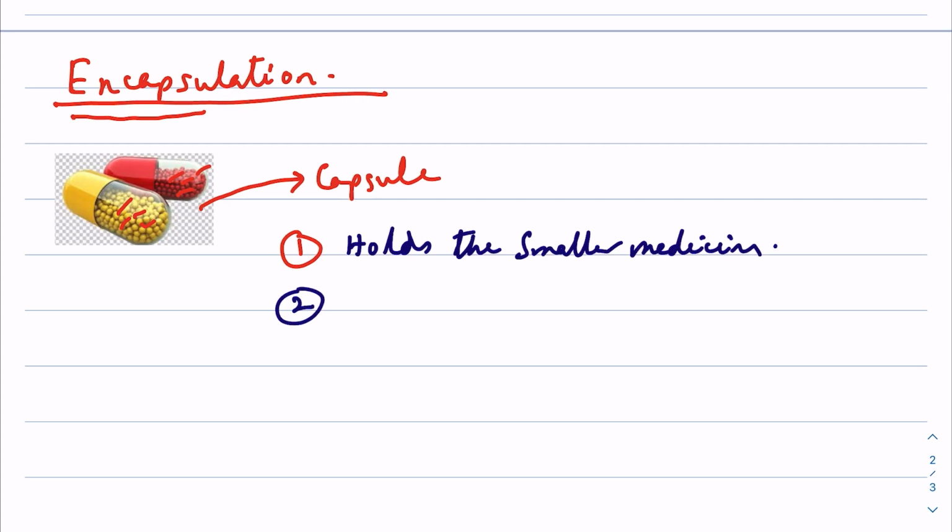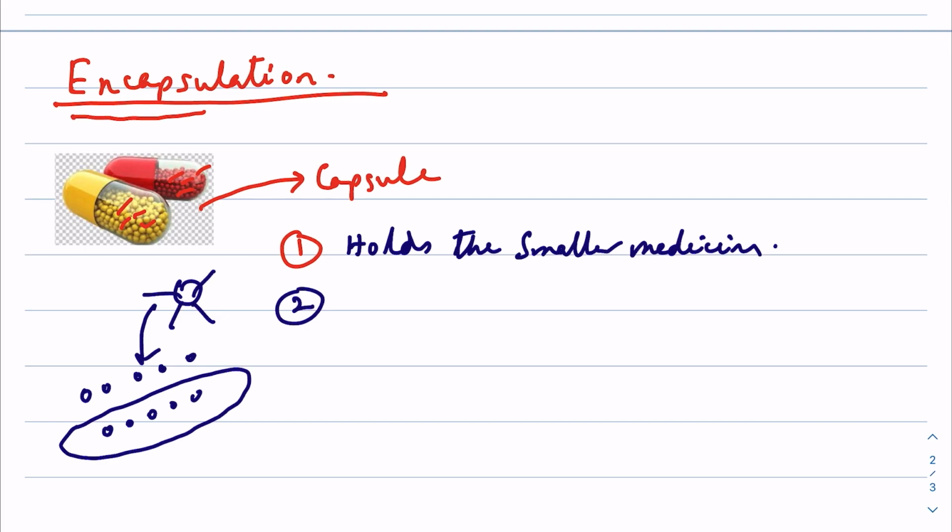So what will be the second point? Suppose there would not have been a capsule to hold the smaller medicines, and the smaller medicines would have been spread out everywhere. So what would happen? The external environment may damage those medicines. So the second point will be protection from external factors.